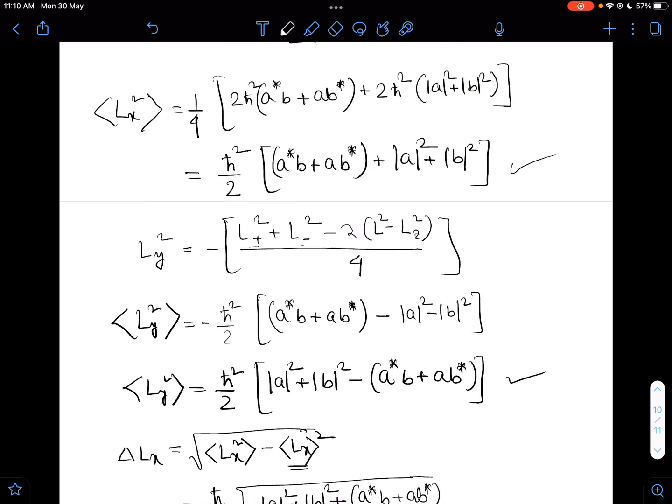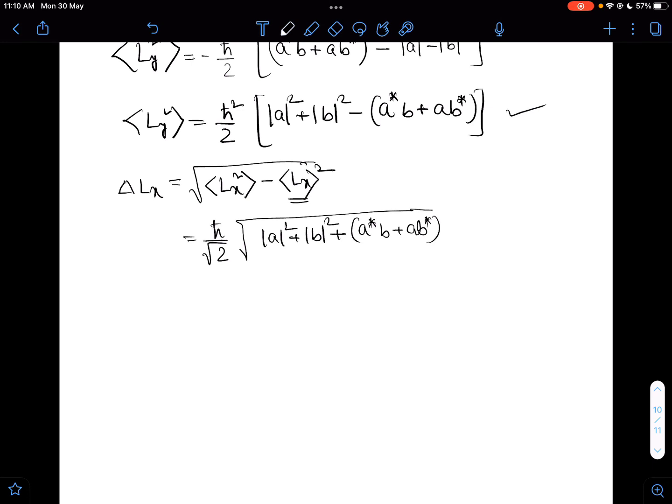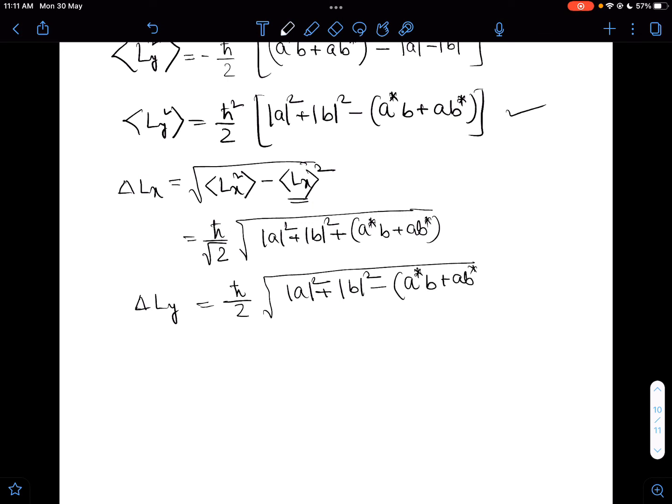So this is our ΔLx. And similarly, what will be ΔLy? ΔLy will be ħ divided by √2, and here we have a² plus b² minus a*b plus ab*.